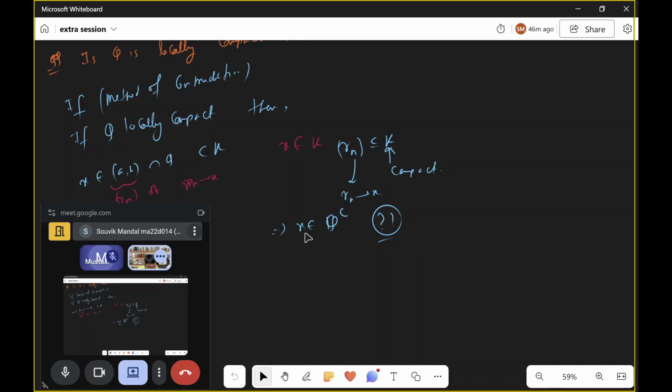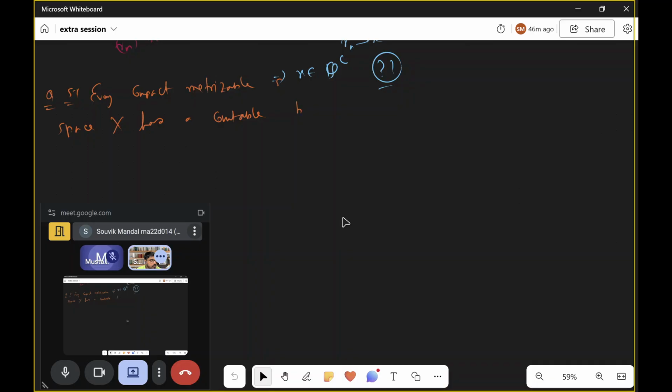The next question is as follows. Show that every compact metrizable space X has a countable basis.